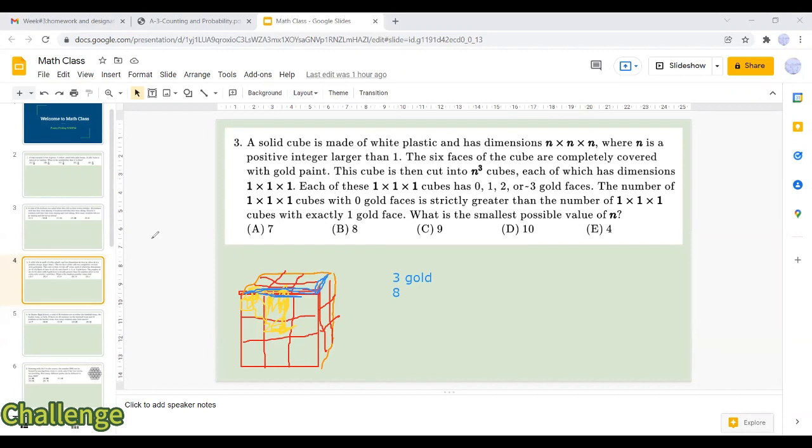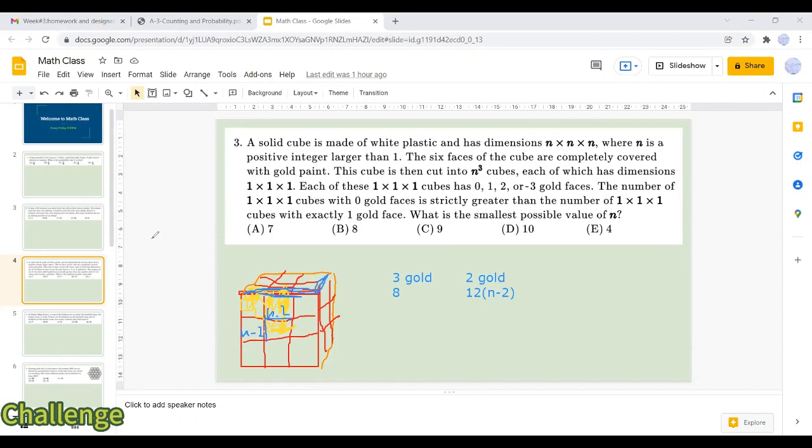So if this side was n minus 2, and this side was n minus 2, the amount for the middle cube is just n minus 2 times n minus 2.